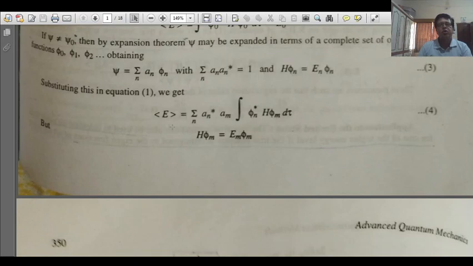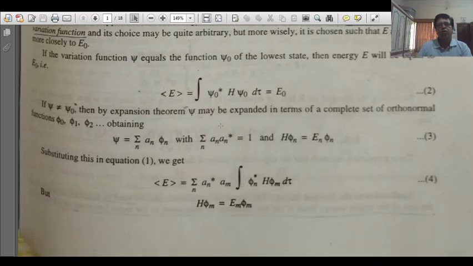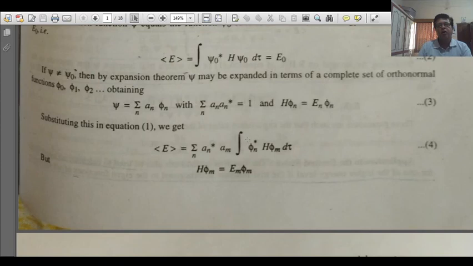After substituting, the expectation value of E equals summation over n and m of a n star a m integral of phi n star H phi m. Here we are using two different wave functions, phi n and phi m. Psi equals summation a n phi n, and its conjugate uses summation a m phi m.